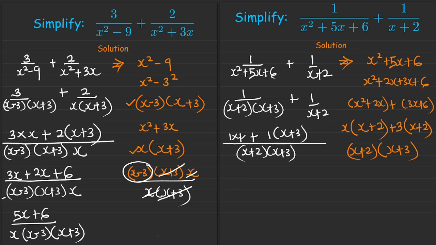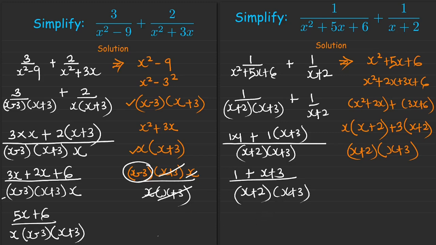Simplifying our numerator, we have 1 times 1, which gives us 1. Then plus 1 times x gives us an x. And then 1 times 3 also gives us a 3. So that we have x plus 3 all over x plus 2, then x plus 3.